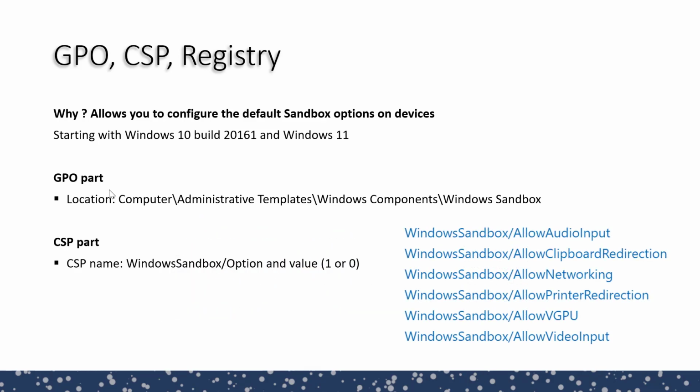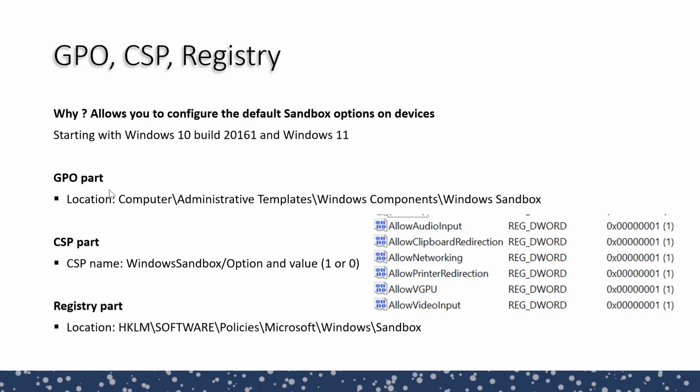You have the same with the Intune and the CSP part, which is located in Windows Sandbox. Choose the option like allow audio input, allow clipboard redirection, allow networking, and set value to 1 or 0.